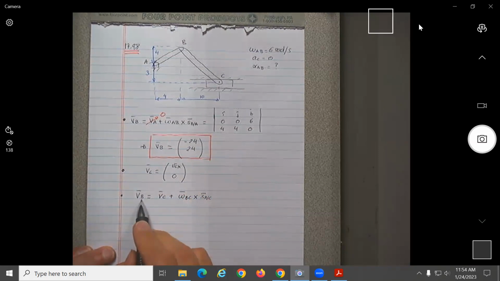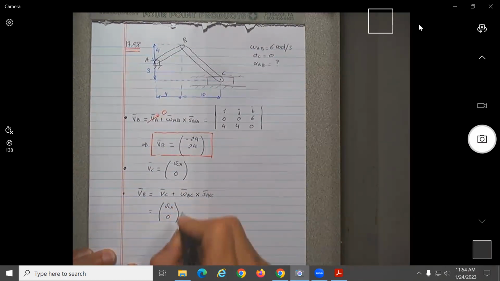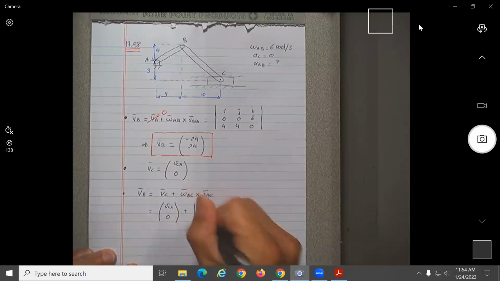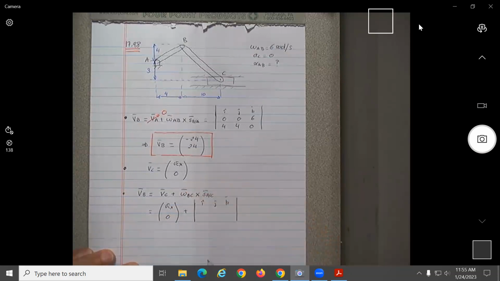Remember the one outside comes first, no? B with respect to C. Now here, be careful. What is VC? It's only one component on the X, plus i j k, 0, 0, omega BC, of B with respect to C.